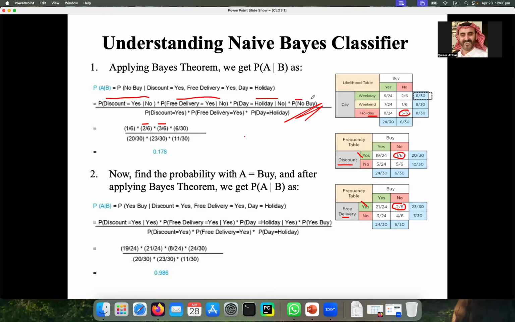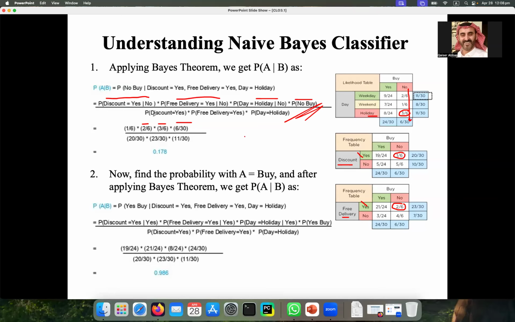And then probability of no buy only, without giving anything. So you will go with the total: 6 by 30, the total no. Which is here.